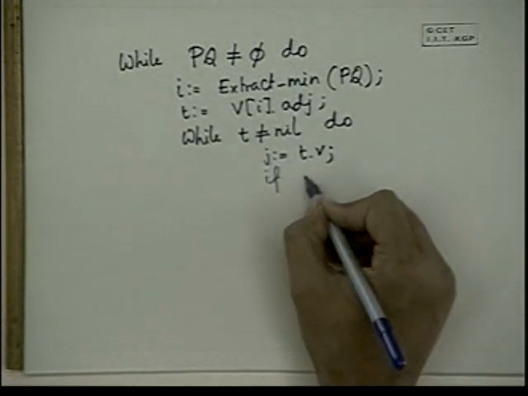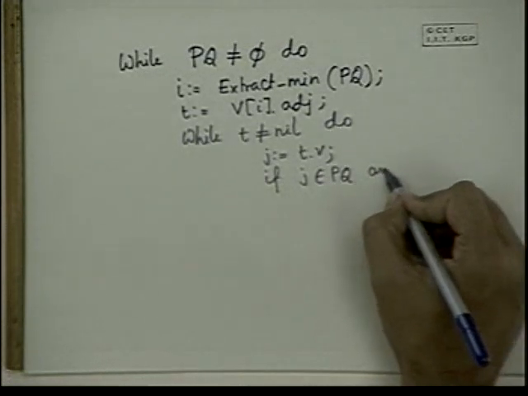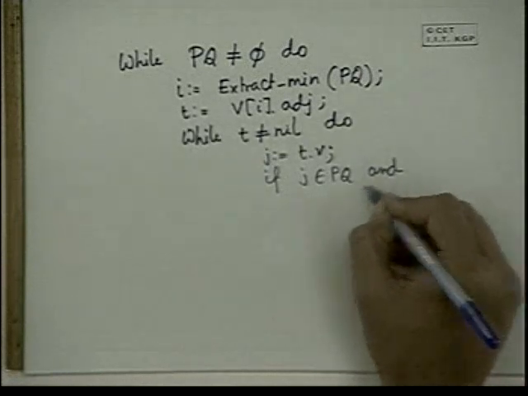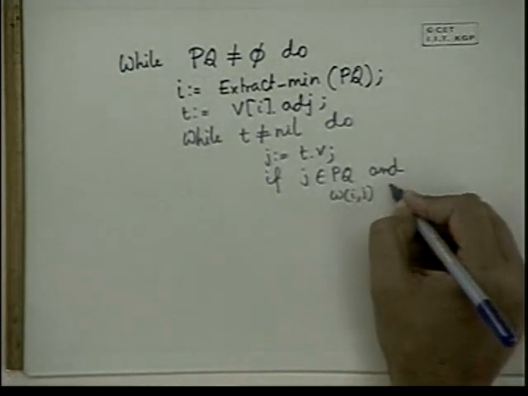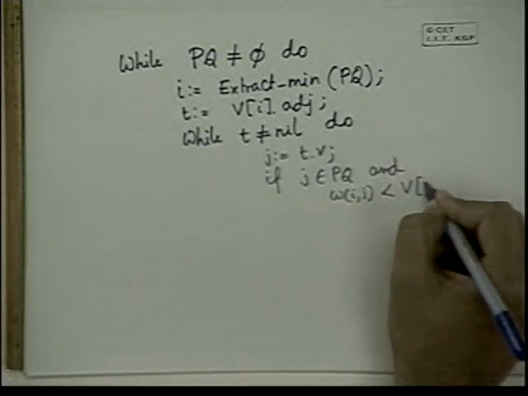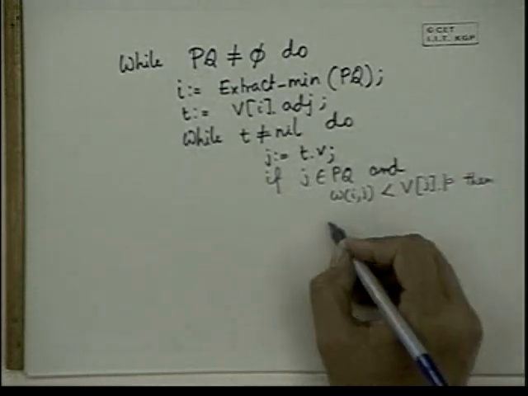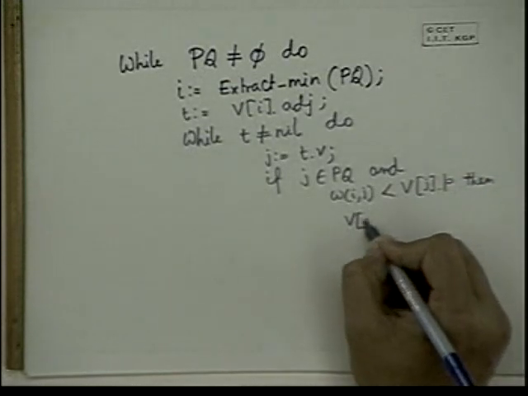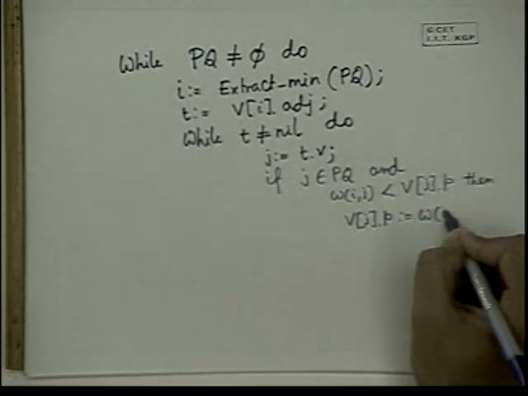If j belongs to priority queue and wij is less than vj dot p, then vj dot p is equal to wij.